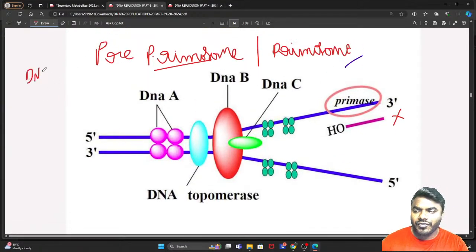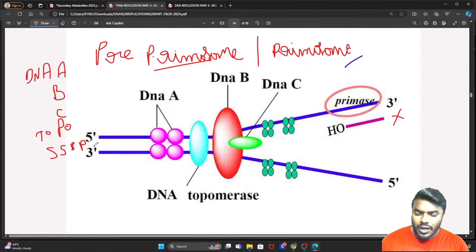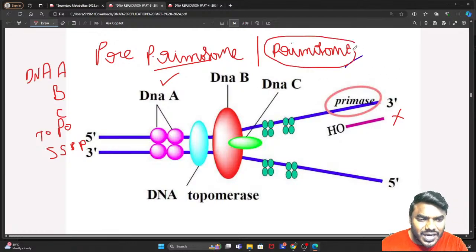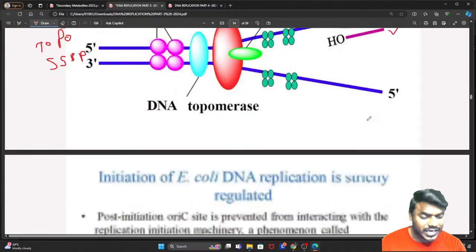The pre-primosome complex contains DNA A, DNA B, DNA C, topoisomerase enzyme, and SSB proteins. All together we call it the pre-primosome. The point is very clear. When RNA primase enzyme comes into the picture and adds the primer, the pre-primosome is converted into the primosome complex. No point in getting confused, and it is very easy to understand.